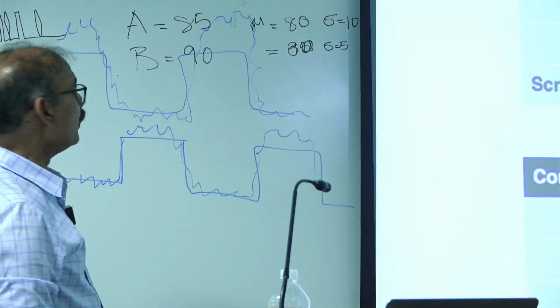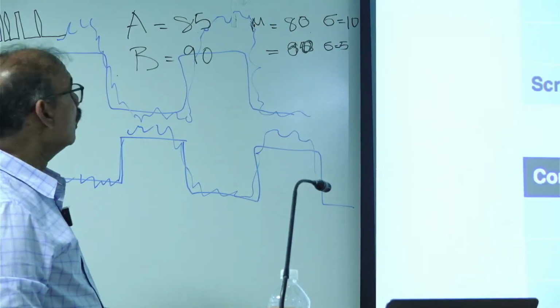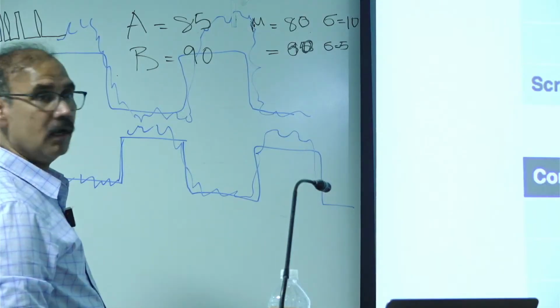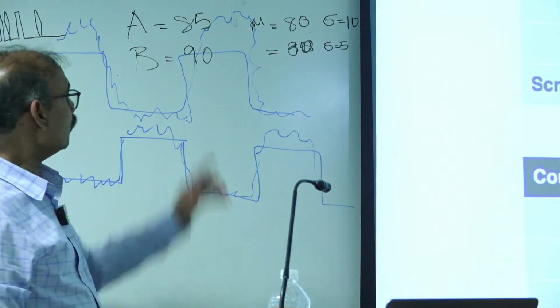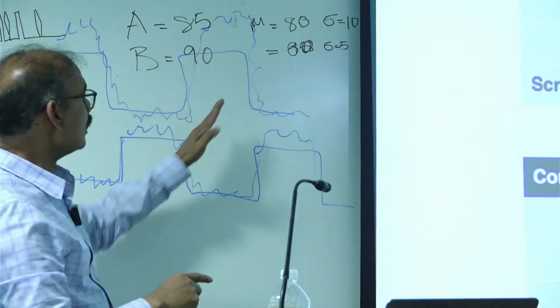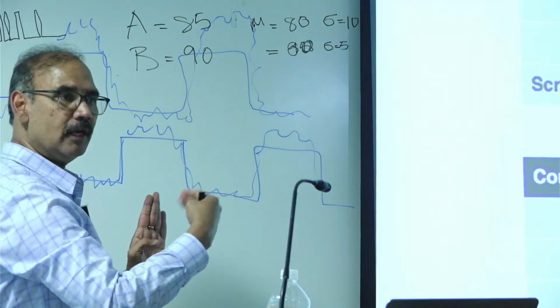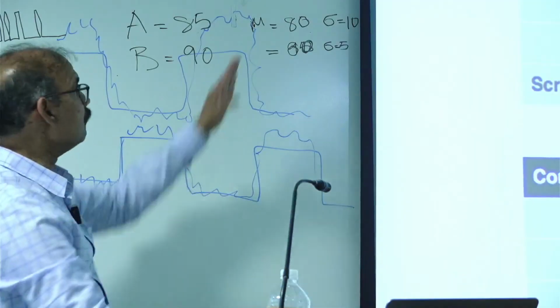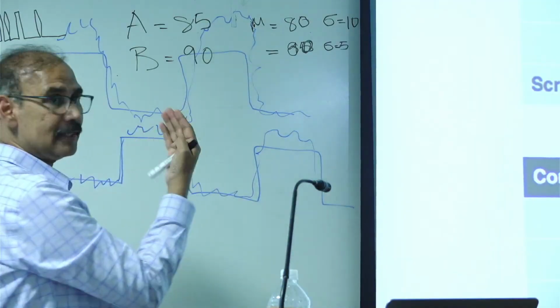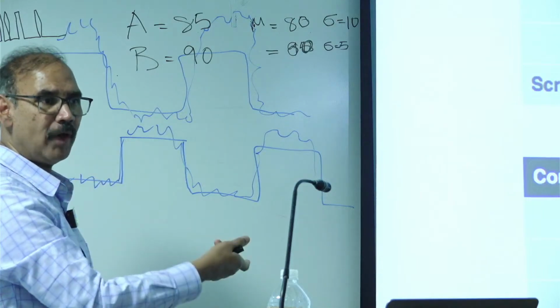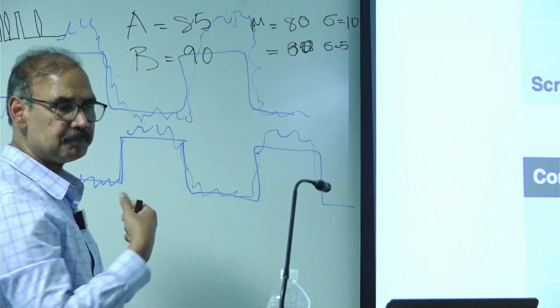So who did better? So this person did better, right? Because the mean is 80 and this person has done 2 times the standard deviation, while in the first case, it's not even 1 standard deviation, right?